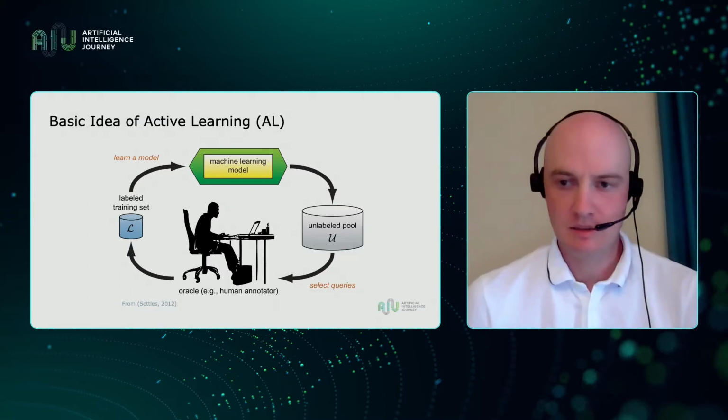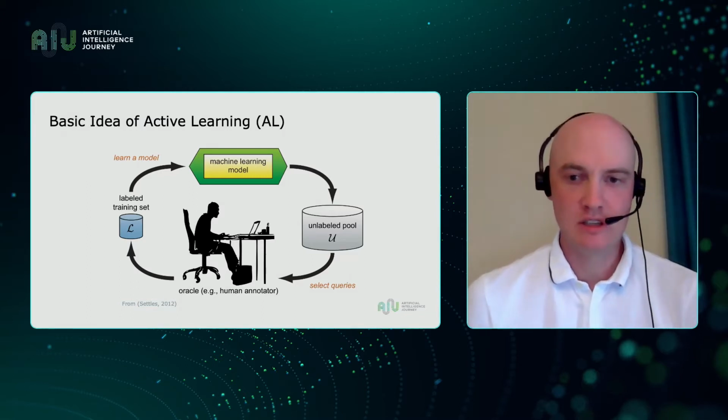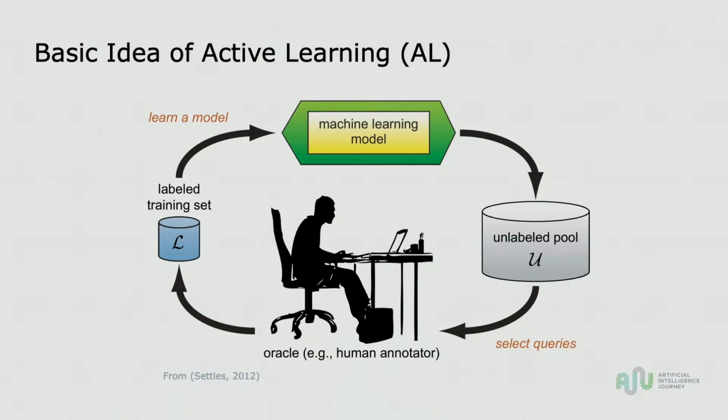We have a big data set which we would like to label, and we have a data set consisting of 10 or 100 examples that are human annotated. The major idea of active learning is that not all the examples have the same value to train our model, and we will be choosing only those examples which are the most informative ones.